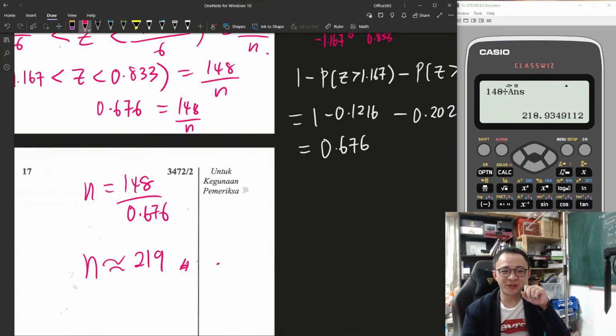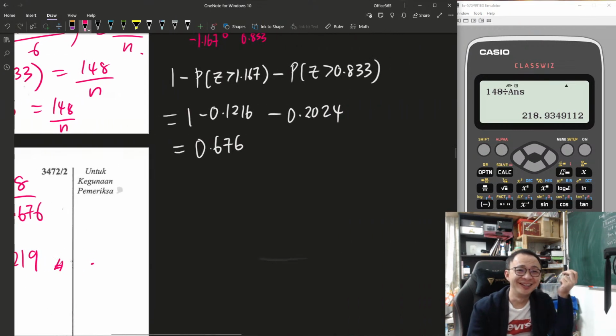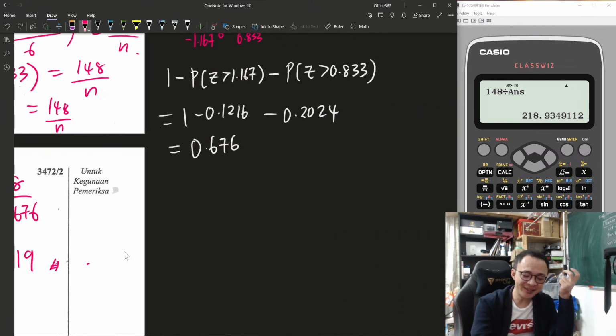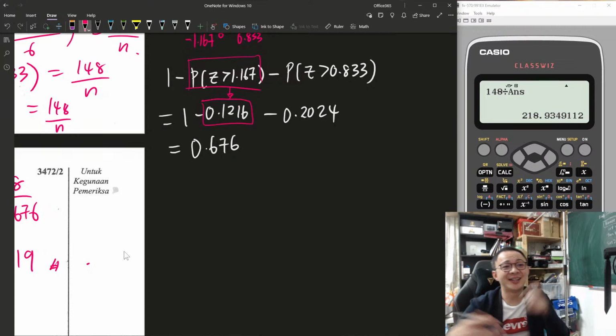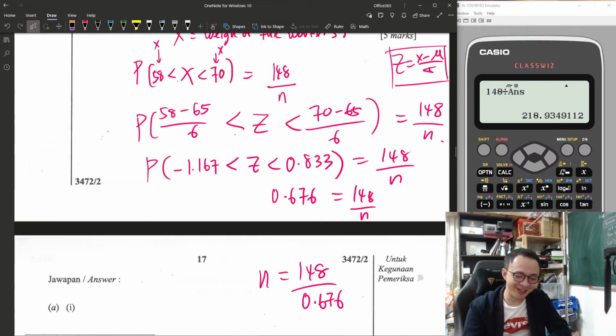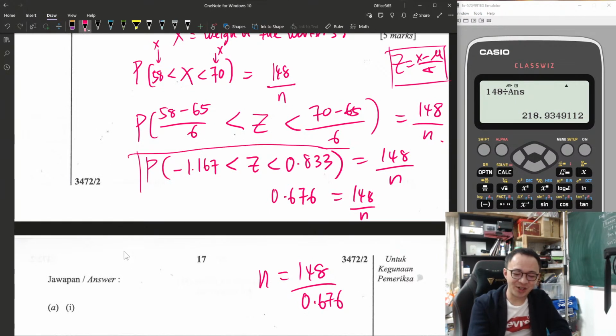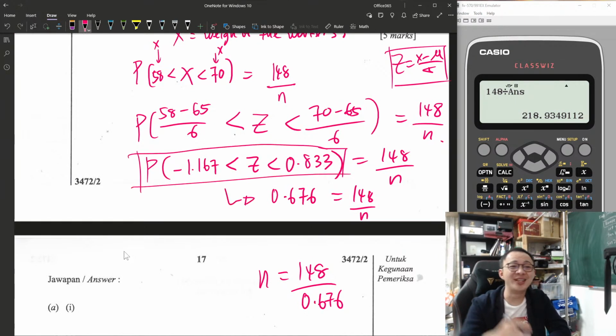Sir, must we refer to the Z table in the SPM? If you ask me, the honest opinion is no. Because from this step to this step, there's no way the examiner can identify whether you are using the table or the calculator. If you use the calculator, it can straight away tell us this answer without needing to draw the bell-shaped diagram.